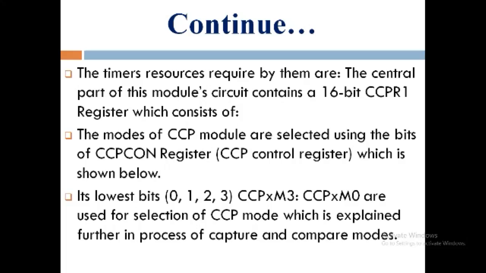Its lowest bits are 0, 1, 2, 3. CCPxM3 to CCPxM0 are used for selection of CCP mode, which is explained further in the process of capture and compare modes.